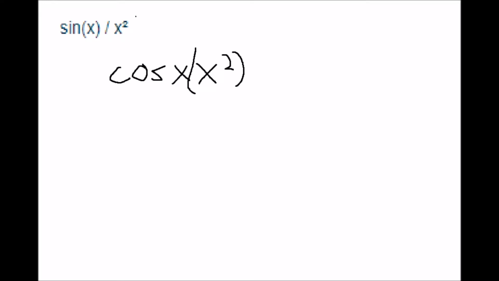I should probably write down the quotient rule. It's the derivative of the top times the bottom, minus the top times the derivative of the bottom, all over the bottom squared.